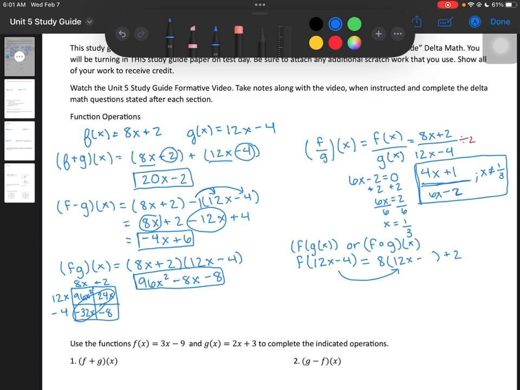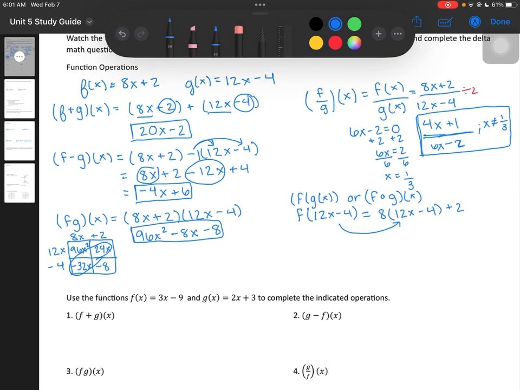So 2x minus 4. Okay, after we put one function into the other, I can just distribute. So I'm going to distribute the 8 only to the 12x and the minus 4x. So 8 times 12x would be 96x. 8 times negative 4, negative 32, and then plus 2.